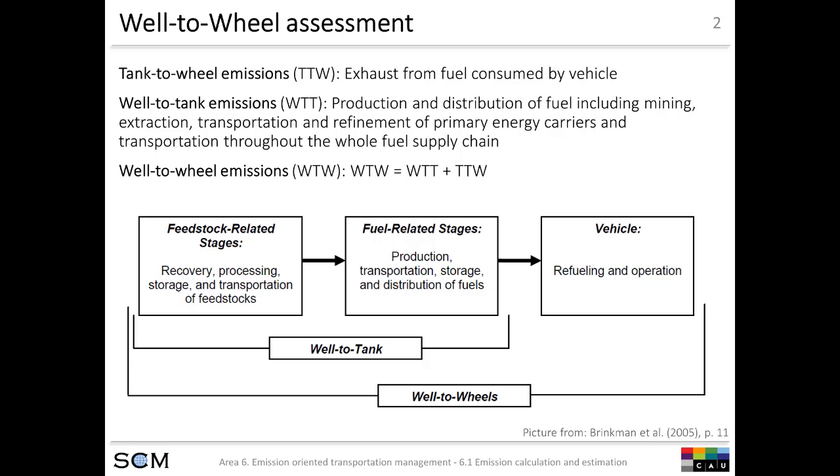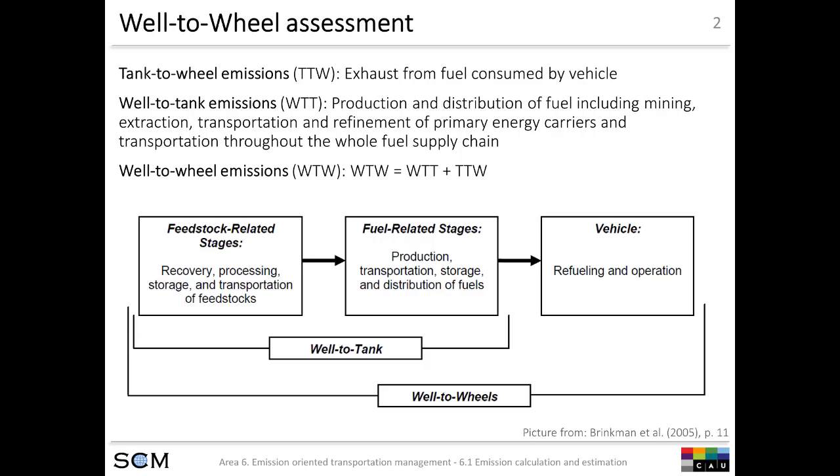This is the so-called well-to-wheel assessment, and it takes into account that emissions basically result from two things. First one is the emissions that are caused while the vehicle is running. It burns the fossil fuels and the exhaust consists of negative emissions that we actually want to avoid.